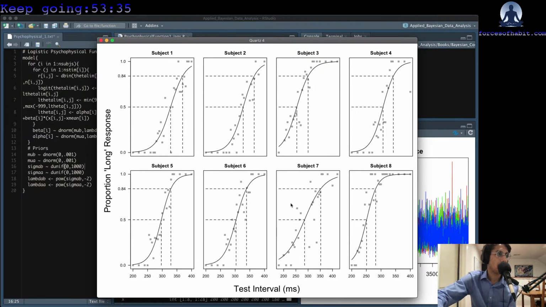And then we also have the 50% point for each subject here. And you can see that it looks like the sigmoid function model fits well for some subjects, but not for all subjects. So it's good that we chose to use a hierarchical structure here, because you can imagine how if we didn't, subject estimation could look even worse.